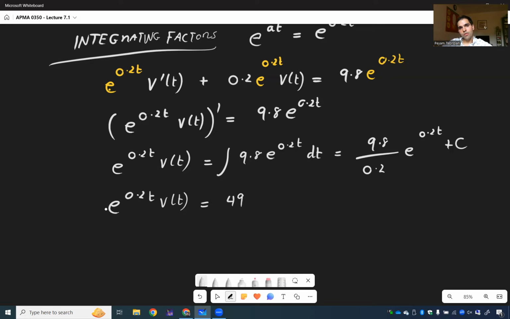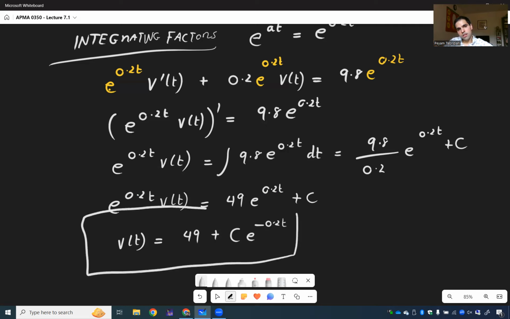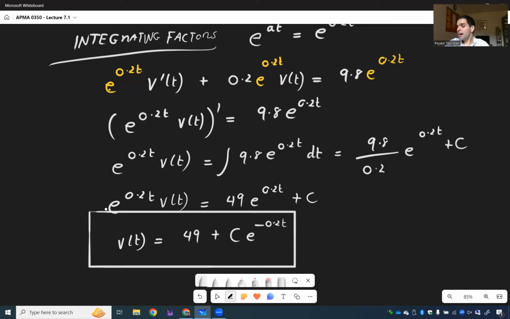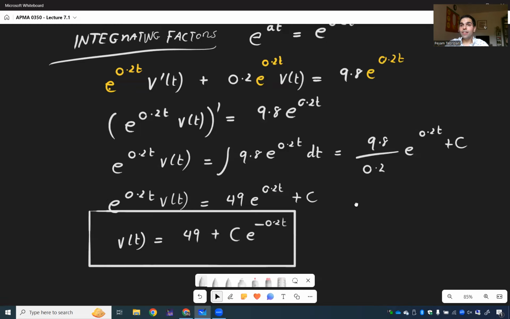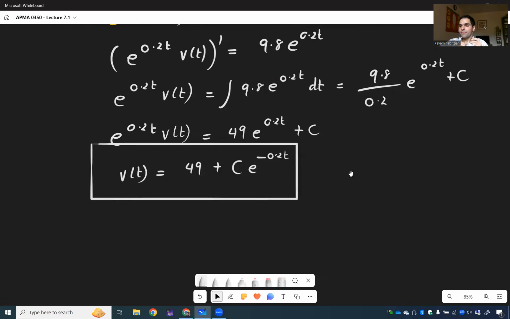So this becomes 49 e to the 0.2t plus c. And then if you divide all sides by e to the 0.2t, we get v of t is 49 plus c e to the minus 0.2t. Ta-da! We found the velocity of the object.